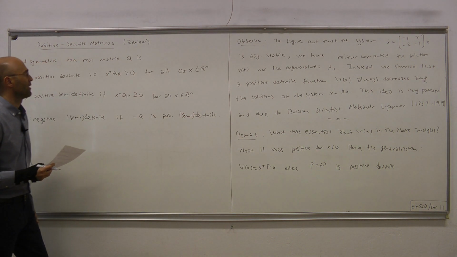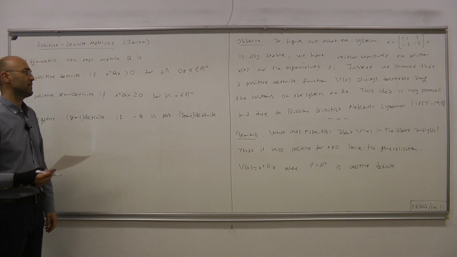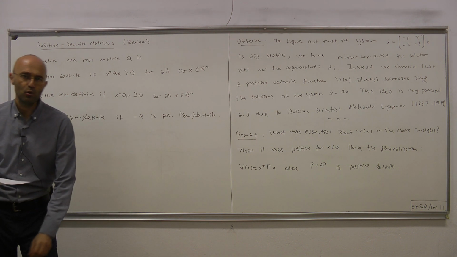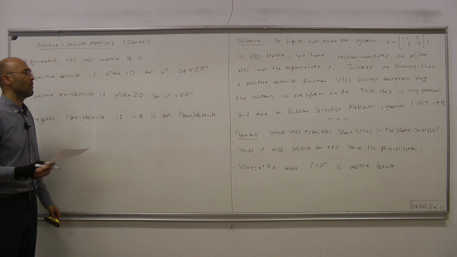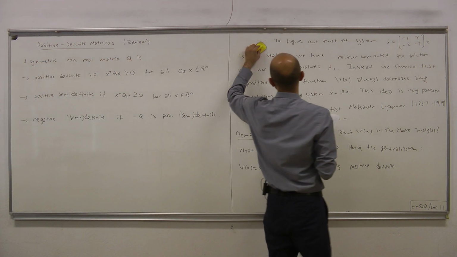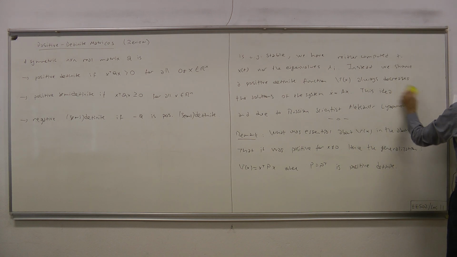So that's the definition for positive and negative definite and semi-definite matrices. Now, given a symmetric matrix Q, how can we check its positive definiteness or positive semi-definiteness? Here are a few simple tests.